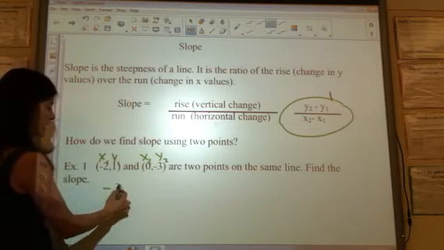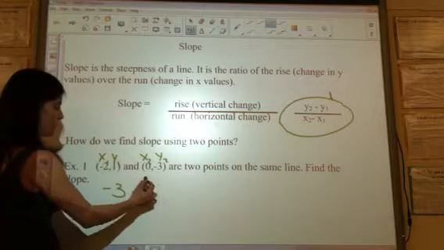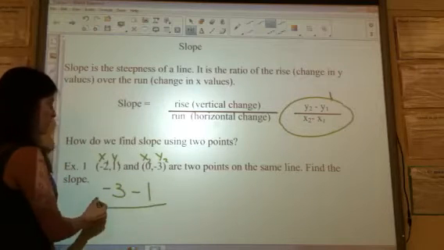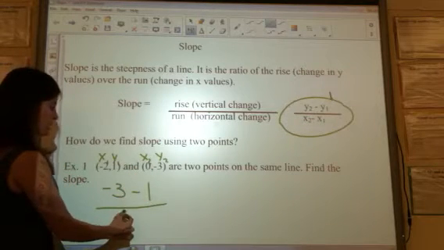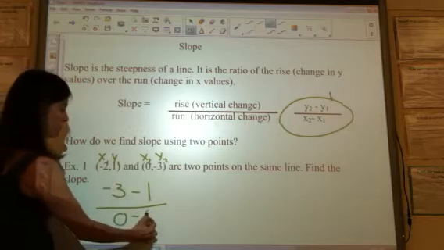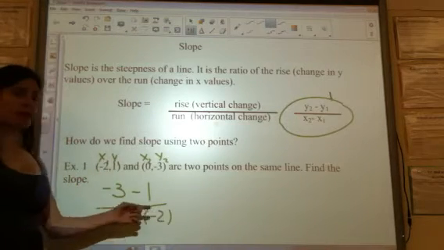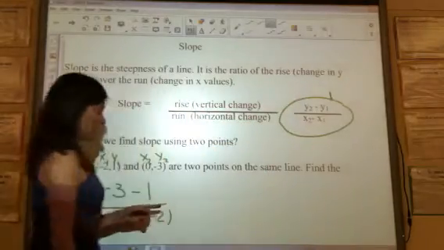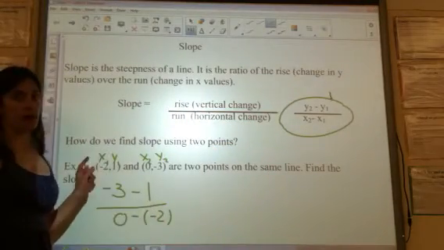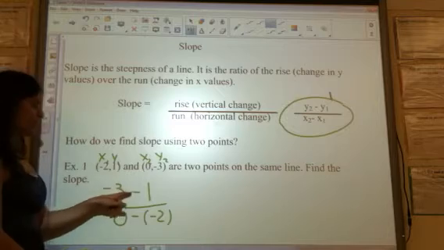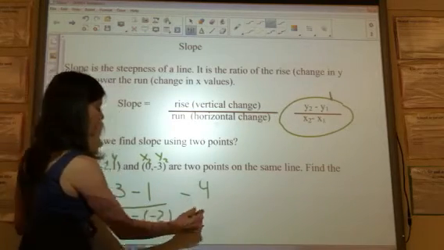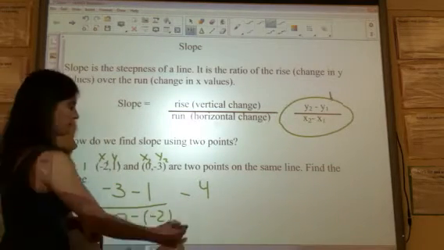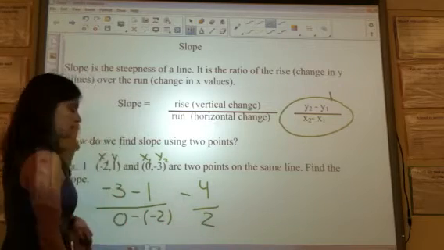So y2 is -3 minus y1, which is 1, over x2, which is 0, minus x1, which is -2. Notice the double negatives, because the minus sign is standard in the formula, and the negative sign has to do with the sign of my x1. -3 minus 1 is -4, and 0 minus -2 is +2.